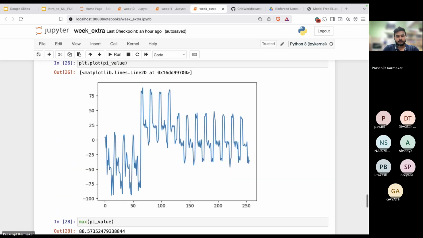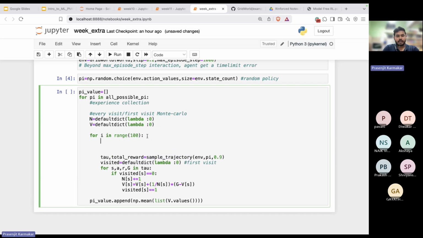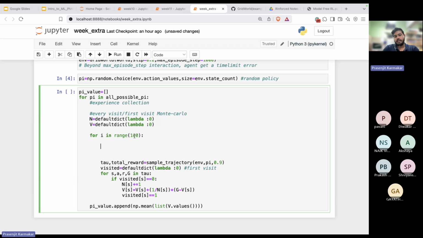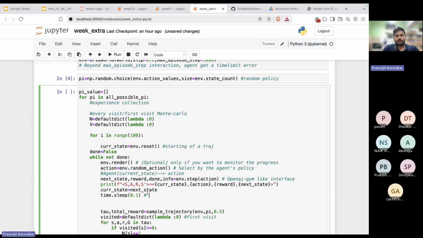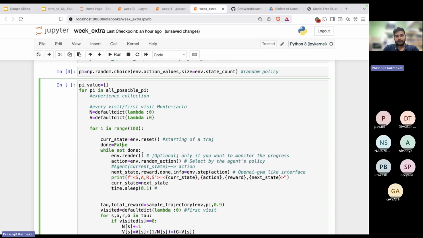Instead of sampling, we are currently interacting, for some 10,000 episodes. Same for all the algorithms, we are interacting for a particular policy for a number of episodes. But in some cases we store the entire experience, the trajectory, and here we store nothing, only the transition pair.